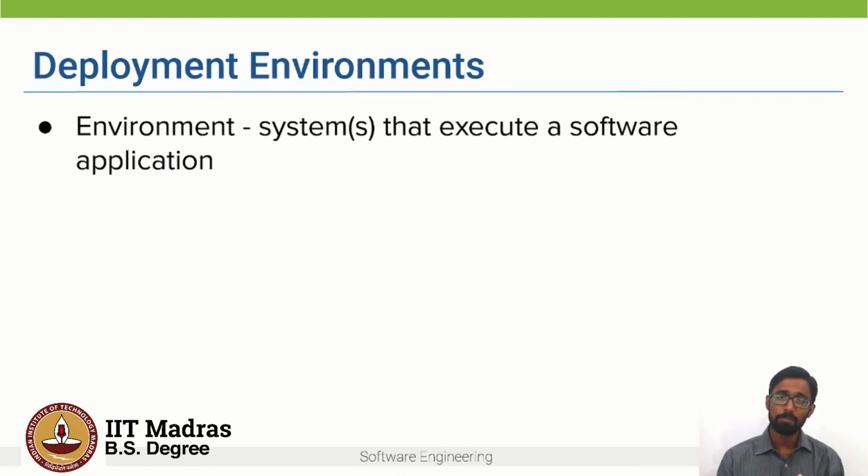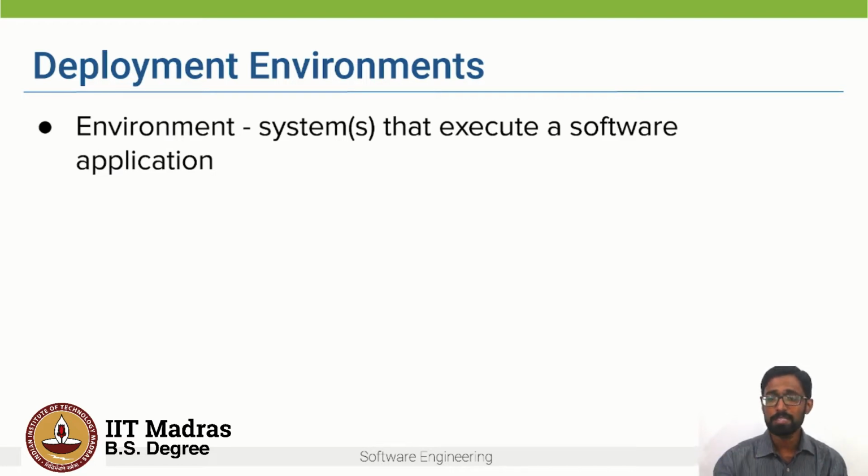An environment is a system or maybe a set of systems that execute a given software application. As developers, we write code, we test the code, and finally this environment builds the code and creates an executable which users and other people can access.